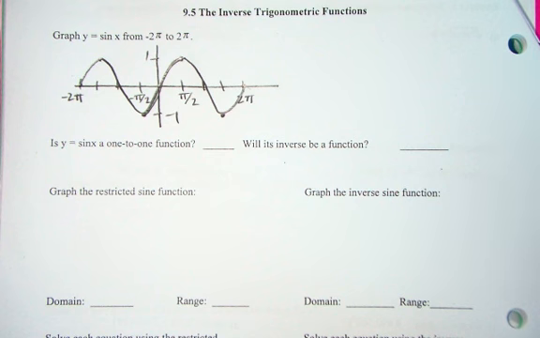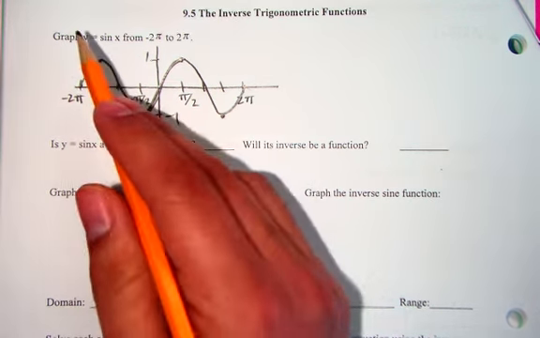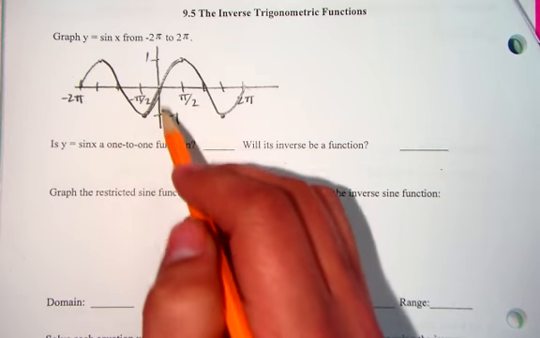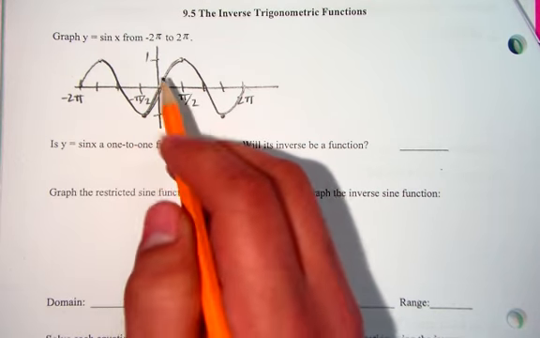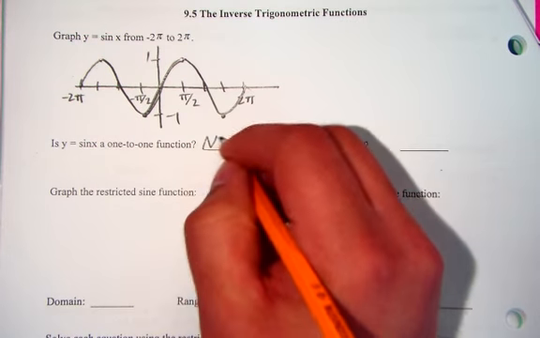Do you guys remember what 1-to-1 meant? Very good. It passes both vertical line tests, which this certainly does. However, it does not pass horizontal line tests. So we say this is not 1-to-1.